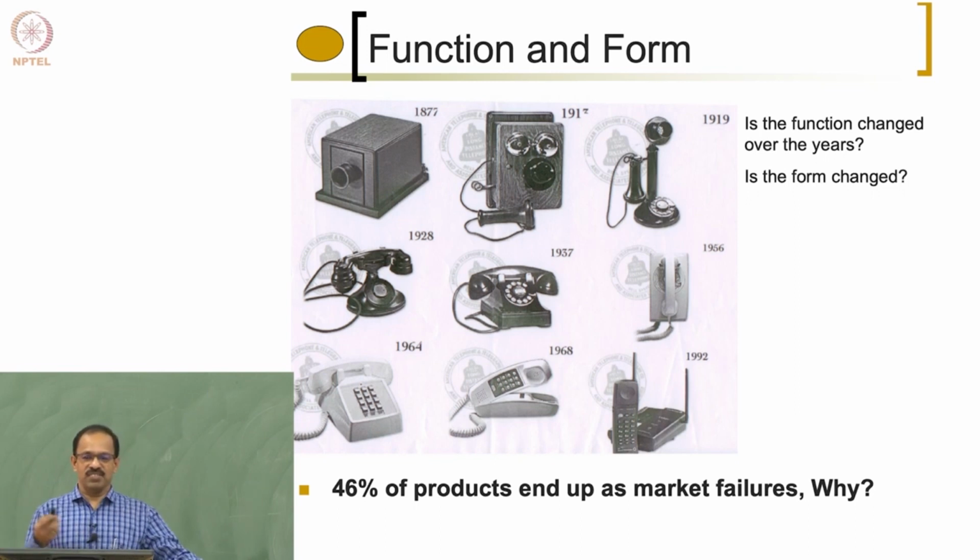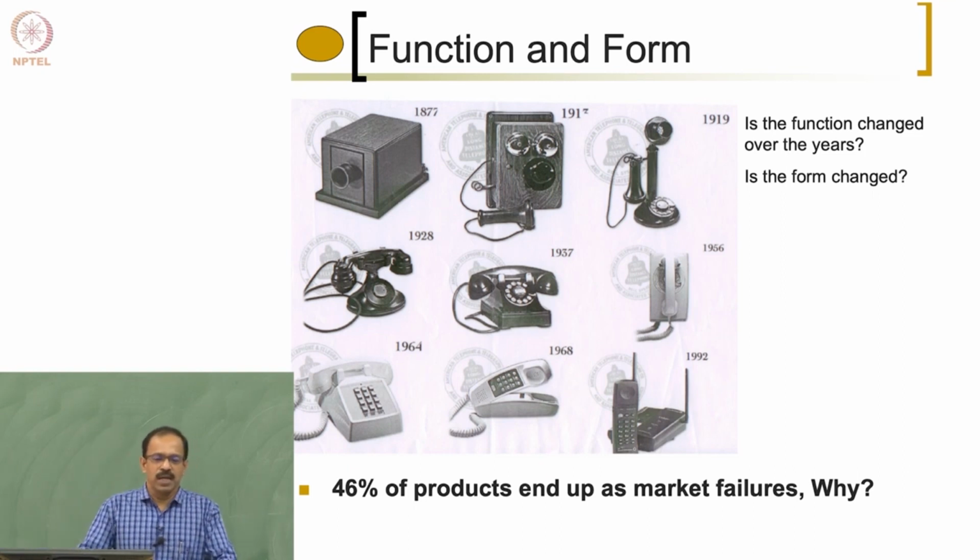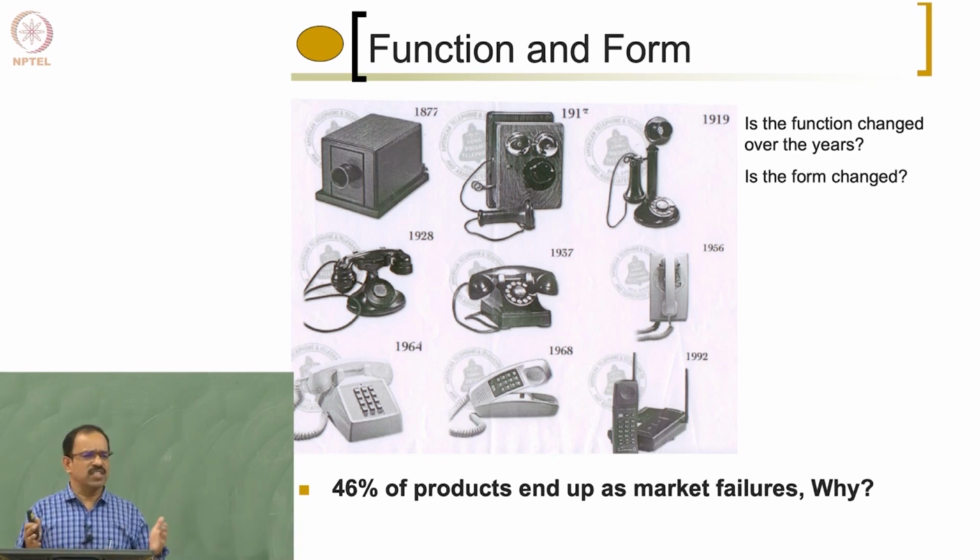So your first exercise in the lab, when you go to the lab, you'll be given a product, you'll be doing some exercise with the product, but you'll be asked to search for its history. What is the history of that product? Whether it is an iron box, or a washing machine, or some other product, you need to look at how it started, what was its earliest form, and what is the current form, and what was the change in its function.